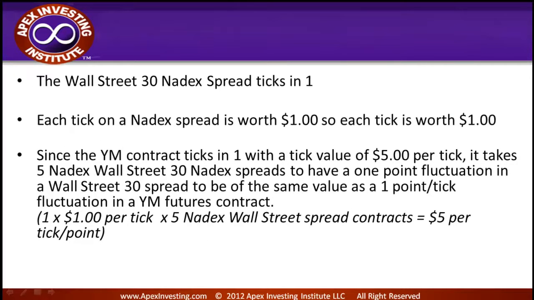The Wall Street 30 Nadex spread ticks in 1. Every tick on the Nadex spread, on every Nadex spread, is always worth $1. So each 1 point move is equal to $1.